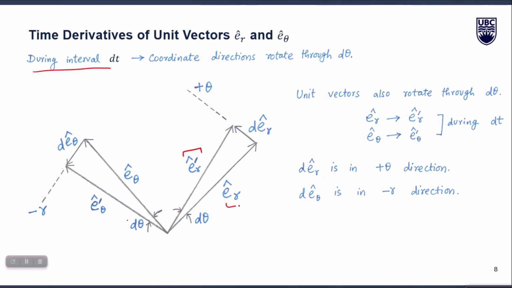So I can say this is the unit vector when the particle was at A. When it moved to some next point after the time dt, that next point will have a slightly different direction of E sub r, so it will be at some point, for example A prime, right? And the time difference between the position at A and the position at A prime is dt.